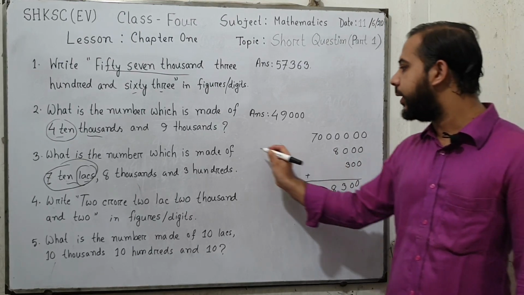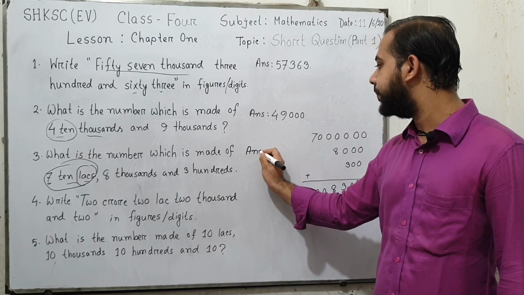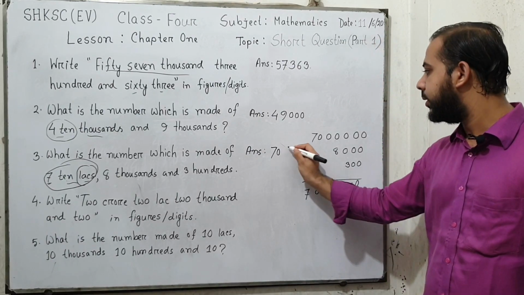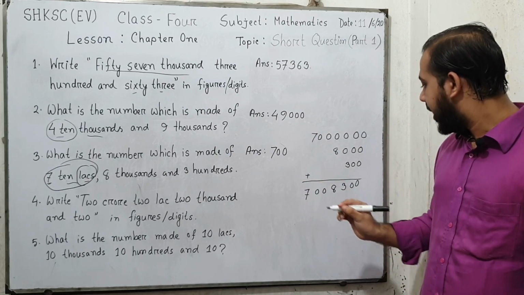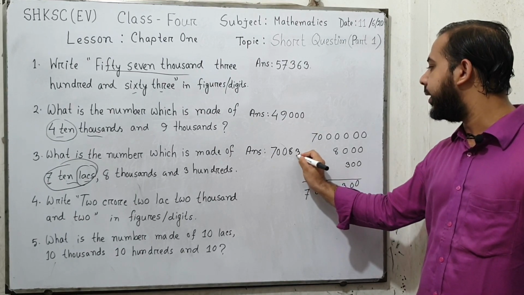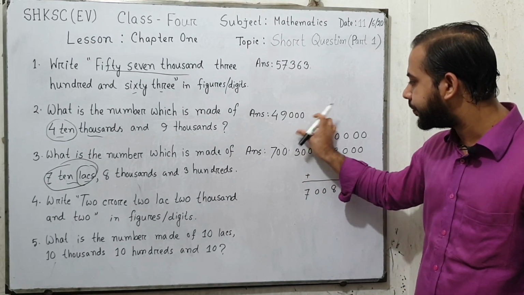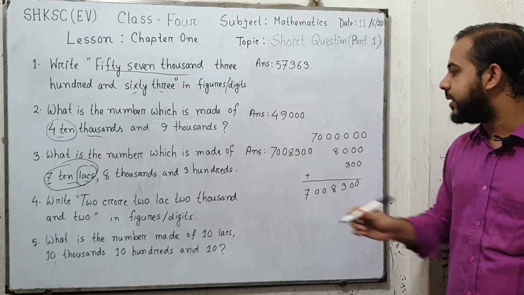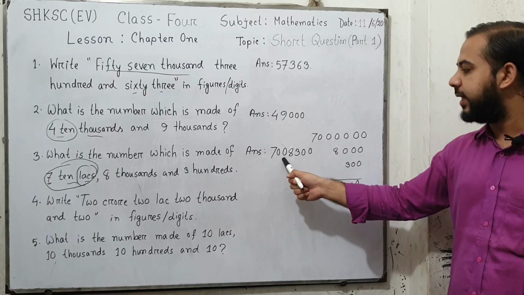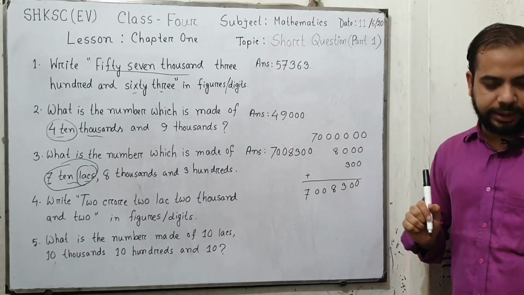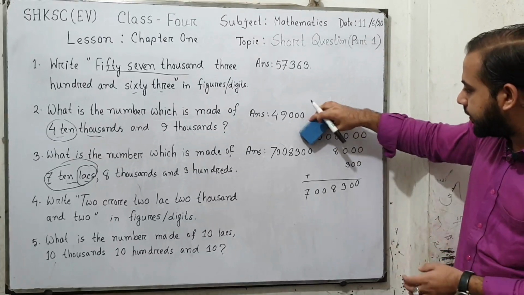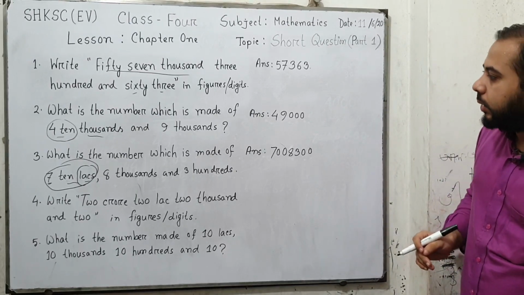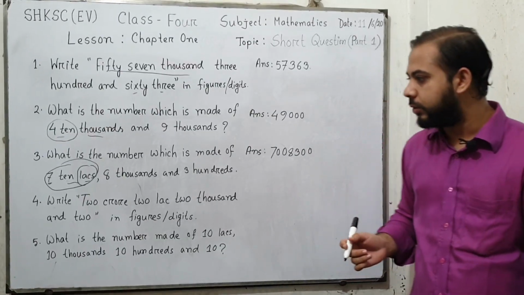So finally we get our answer, 70 lakh 8,300. So that will be our answer, 70 lakh 8,300. Okay, so like this we have to make the answers of the next two also.